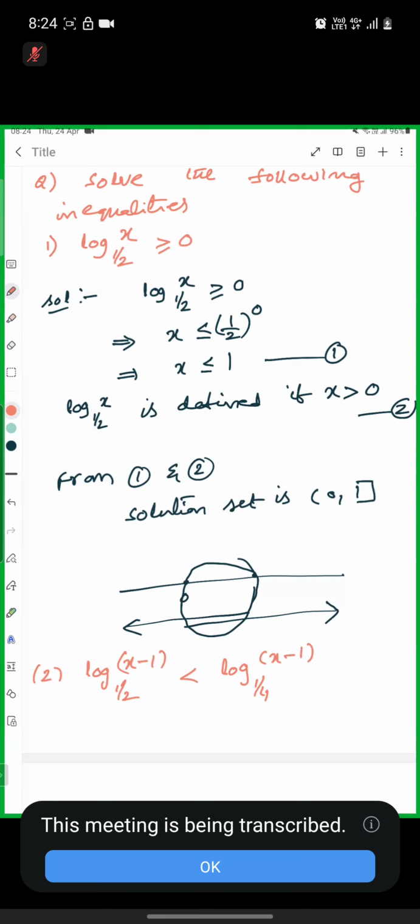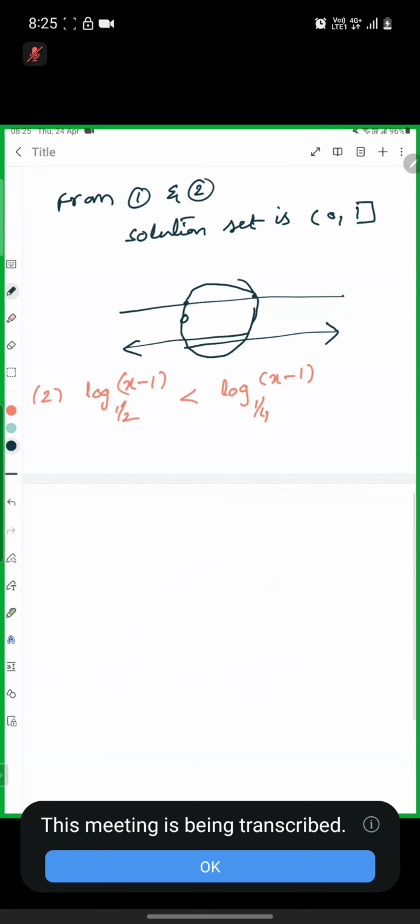To eliminate logarithmic functions on both sides and find the x value, first of all the base of both sides must be the same. Whether it is less than 1 or more than 1 does not matter, but they must be equal. Left hand side base is 1 by 2, right hand side base is 1 by 4. That's why we need the right hand side also with base 1 by 2.